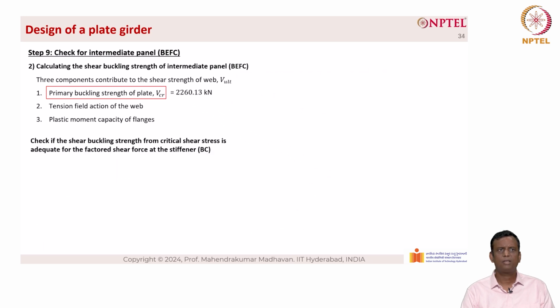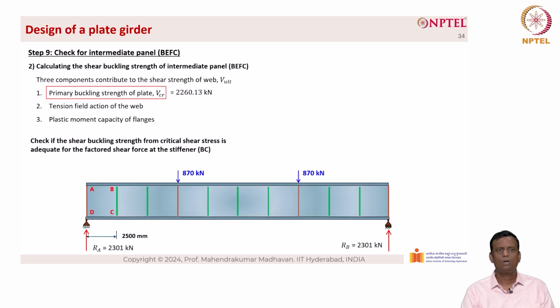Now check if the shear buckling strength from the critical stress is adequate for the factored shear force at the stiffener BC. If you look at stiffener BC, it is not at the support, it is away from the support. Previously when we checked for ABCD, we checked for the reaction 2301, but here the shear force actually varies linearly because of the uniformly distributed load. So we have to check the shear force at the junction BC.